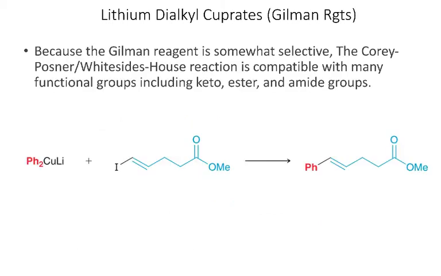One nice feature of these Gilman reagents is that they're somewhat selective. And so they are compatible with many functional groups that are not compatible with a lot of other reagents due to their reactivity. And so the Gilman reagents are compatible with groups like ketones, esters, and amide groups.